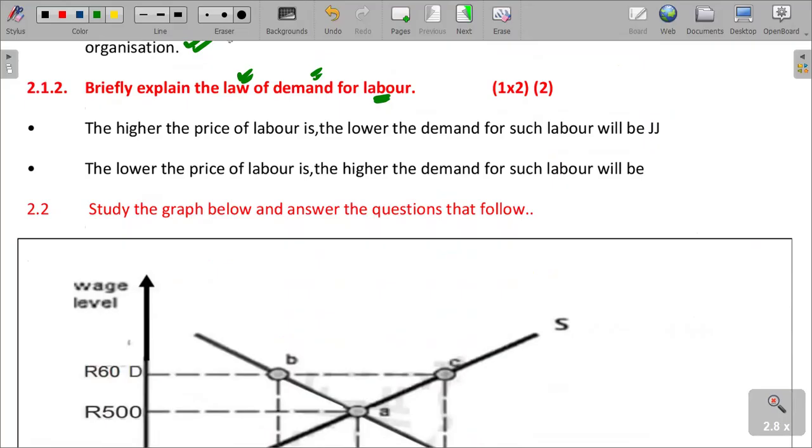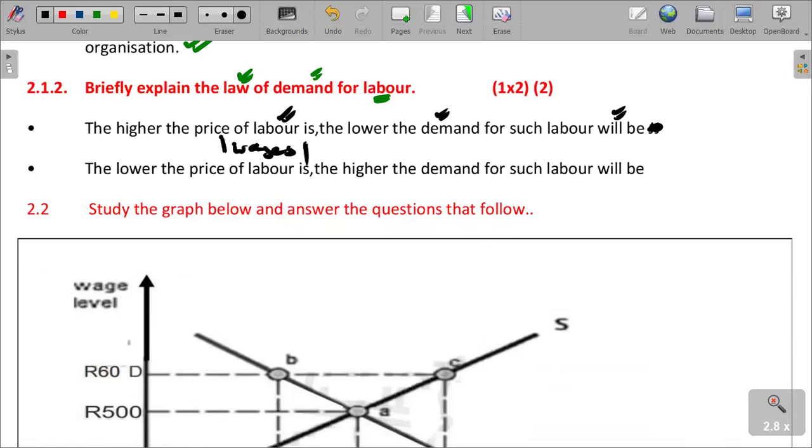What we need to understand from the law of demand is the basic economics: the higher the price of labor is, the lower the demand for such labor will be.